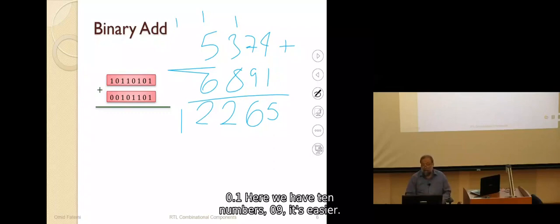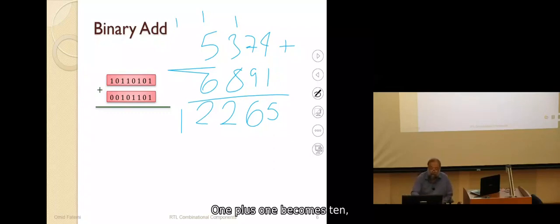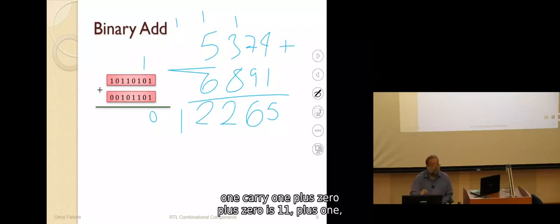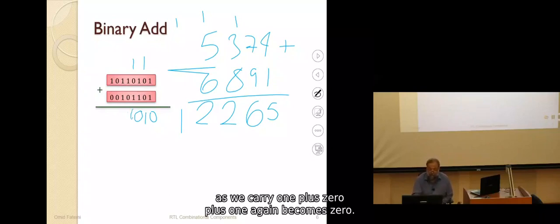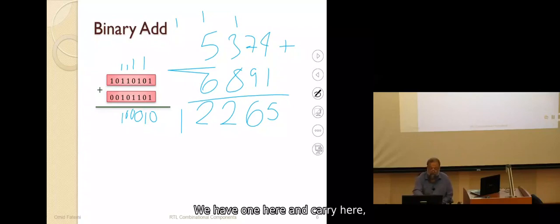So it's easier. 1 plus 1 becomes 10 in binary, so we have 0 and 1 coming as carry. 1 plus 0 is 1. 1 plus 1, again, it is 0, and we have 1 coming as carry. 1 plus 0 plus 1, again, becomes 0, and we have 1 here. 1 plus 1, again, 0, and we have carry here. 1 plus 1 plus 1 is 11, so we have 1 here and carry here. 1 plus 0 is 1, and 1 plus 0 is 1.